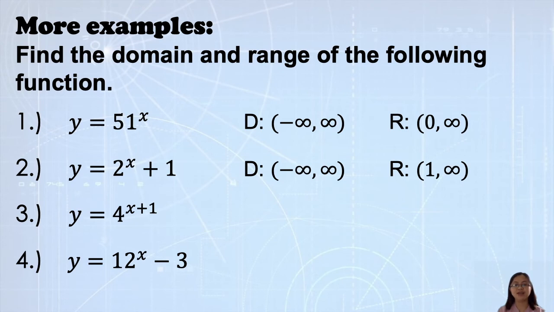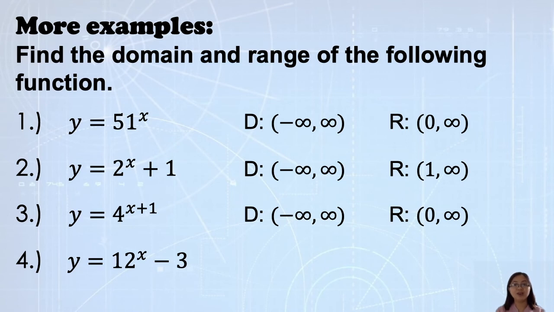Next, let's have y = 4^(x + 1). So in that case, it is in the form from a while ago. Do you still remember the one with the horizontal shift? Therefore, it's the same as the answer in number 1, or the parent function. The domain, we have negative infinity, comma, positive infinity.